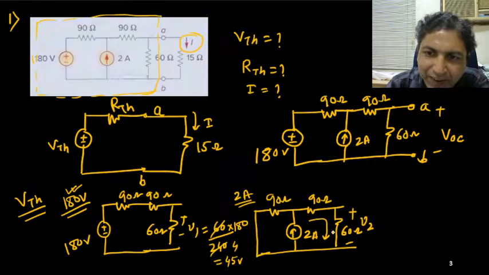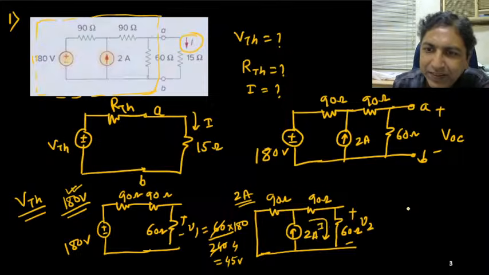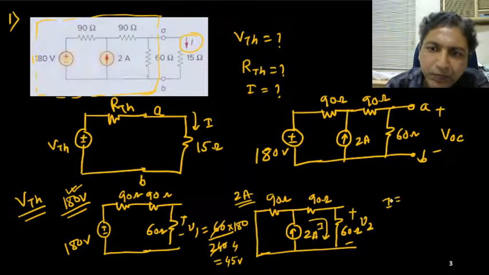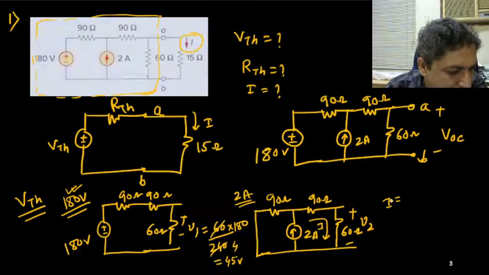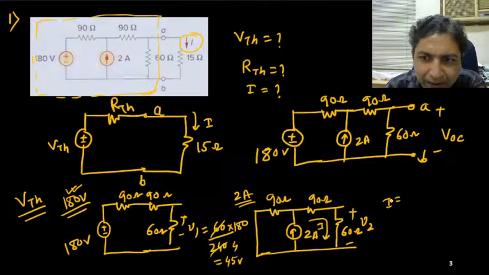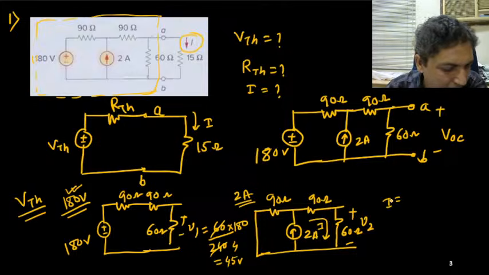Anyone, can you please find out the current through this one? This I. Please let me know what is the current through this 60 ohm resistance when only 2 ampere current source is acting alone.